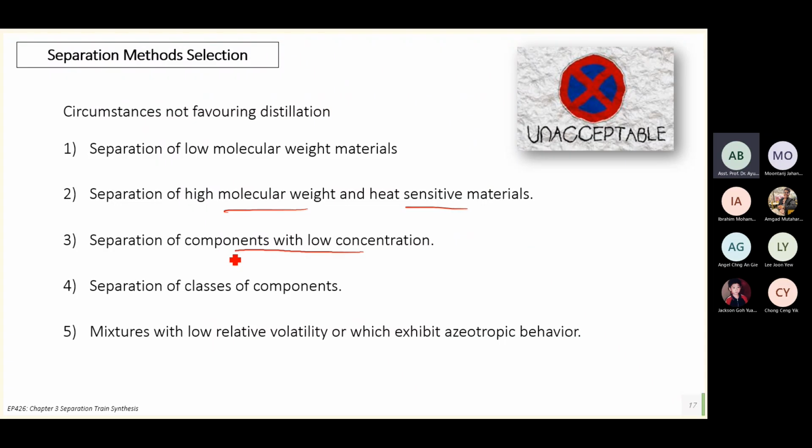If you have low concentration and you want to separate using distillation, it will not profit, because you need to set up a distillation column, which costs a lot just to separate a low concentration product.